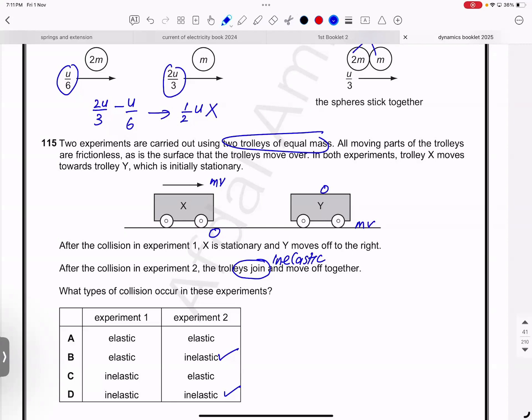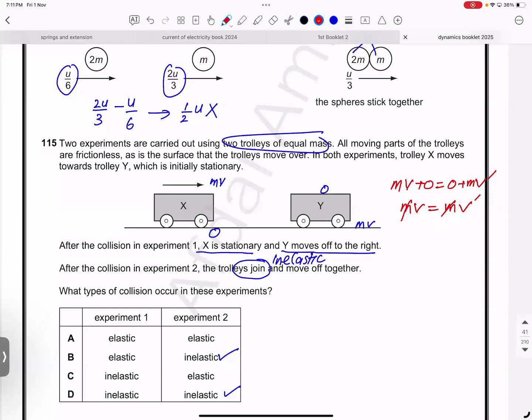How do we know the same velocity? mv plus 0 is 0 plus mv dash, so mv is equal to mv dash. So velocity is also the same.